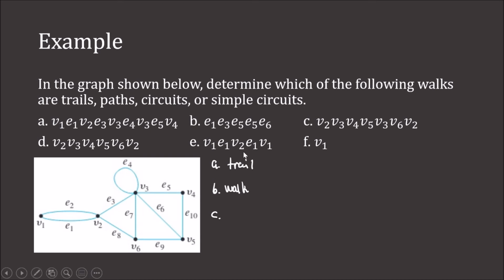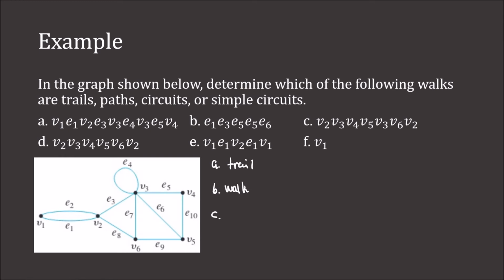If we look at C, we go from V2 to V3. That requires us to use edge 3. Then to V4, that requires us to use edge 5. Then to V5, which requires us to use edge 10. Back to 3 requires us to use edge 6. To V6 requires us to use edge 7. Back to V2 requires us to use edge 8.